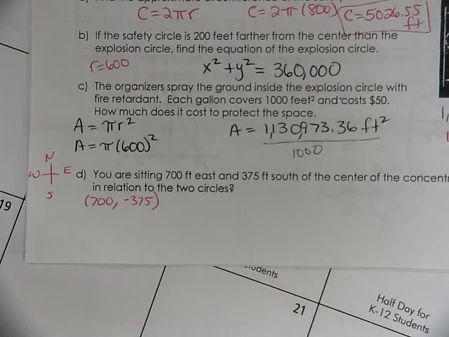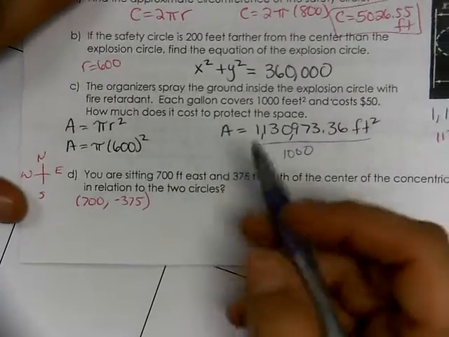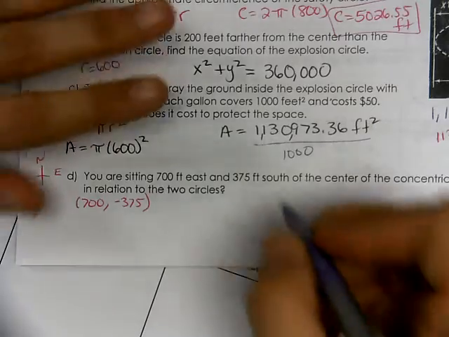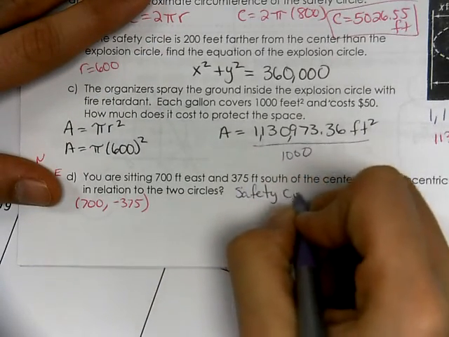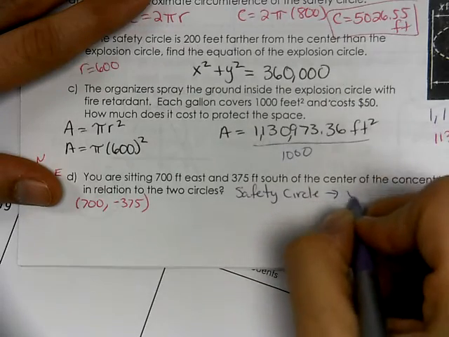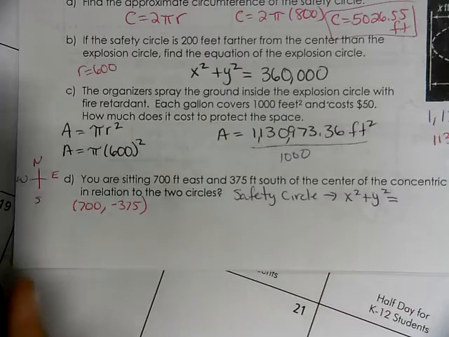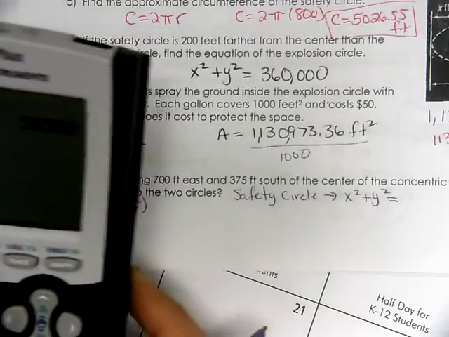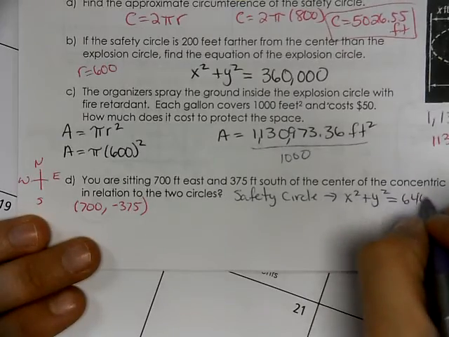We know the equation of the explosion circle, but we don't know the equation of the safety circle. We got to figure that out first. So the equation of the safety circle is going to be x squared plus y squared equals, the radius there was 800, 640,000.